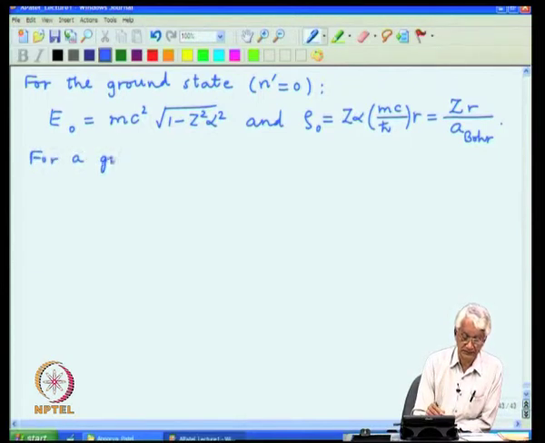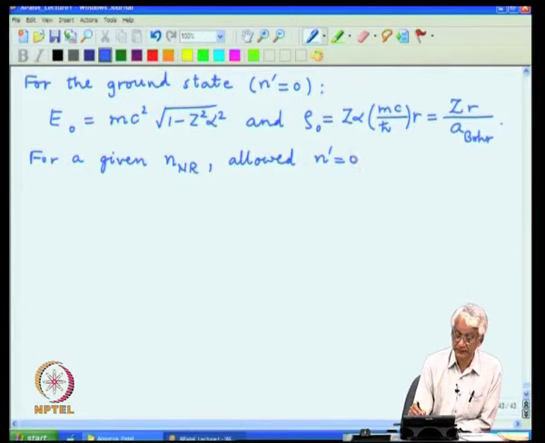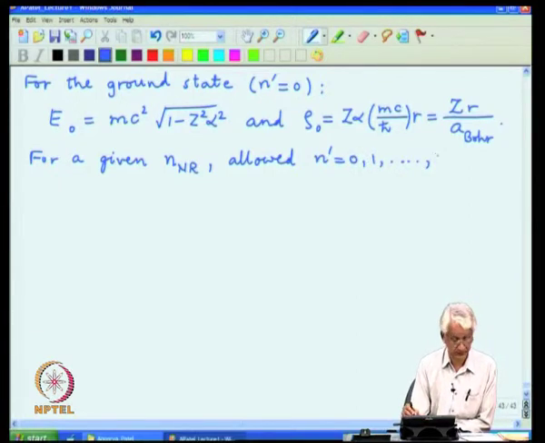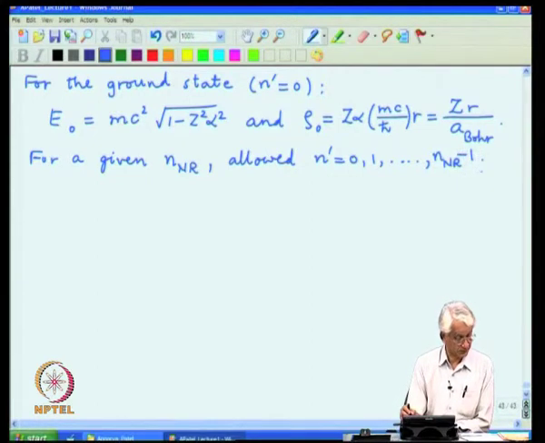So, we take a given value of n r, then allowed n prime, we will go from 0, 1 all the way to n non-relativistic minus 1.